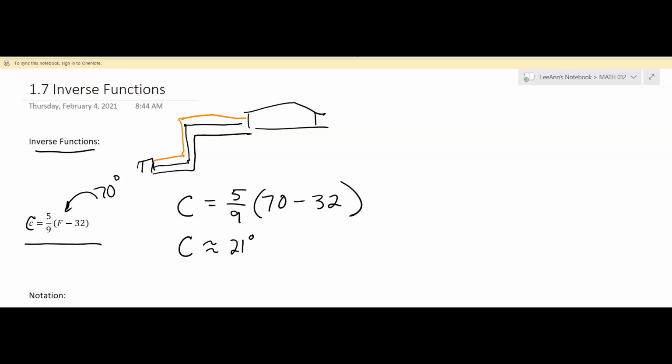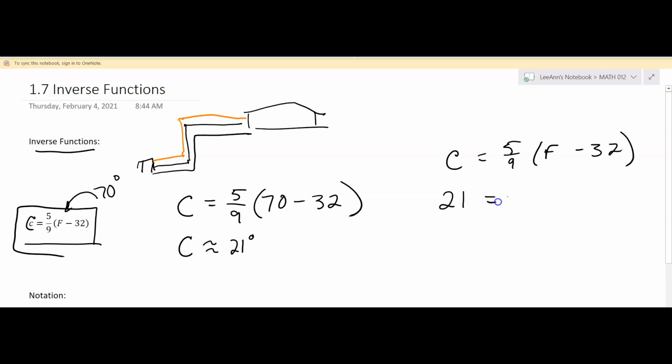But now let's say you want to go from Celsius to Fahrenheit. Look at the formula we have here. If C equals 5/9 times Fahrenheit minus 32, then you could put in the 21, and it's not going to come out exact because I rounded off, but then you would be solving for F. You'd have to do the opposite calculations from what you were doing to get to Celsius.